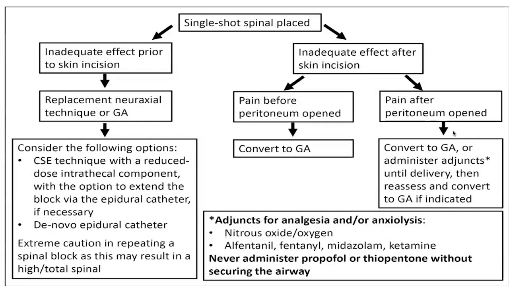But if the patient is not in such distress, you can try adjuvants such as nitrous oxide and oxygen, alfentanil, fentanyl, midazolam. These are the drugs that we can use as adjuvants with the subarachnoid block. Never administer propofol or thiopentone without securing the airway.